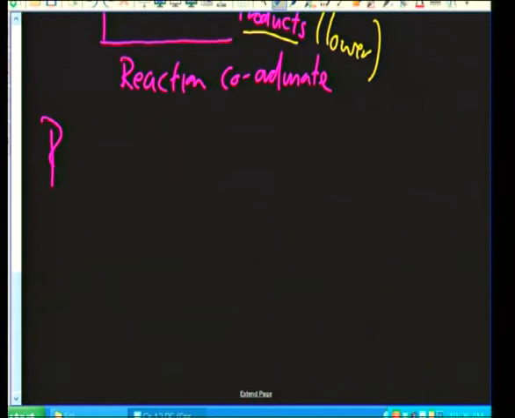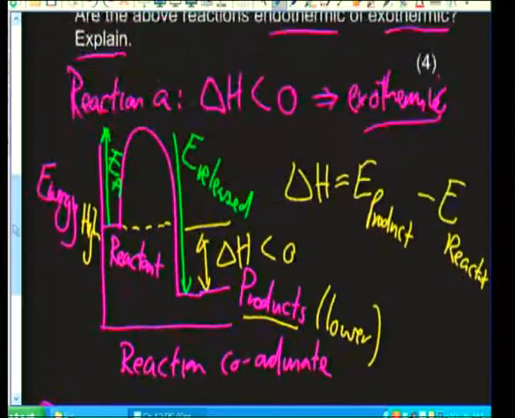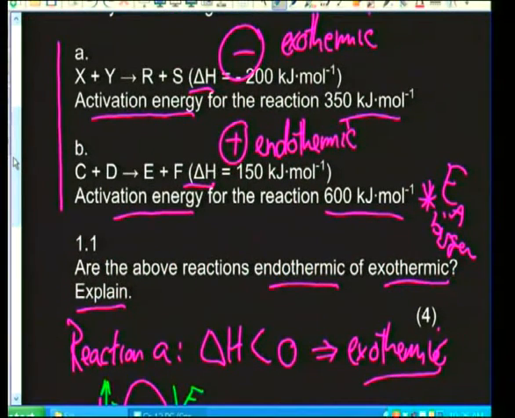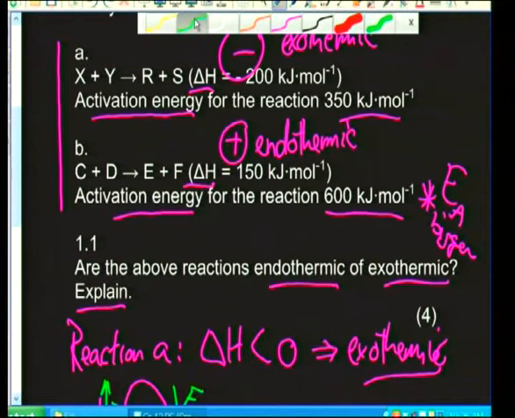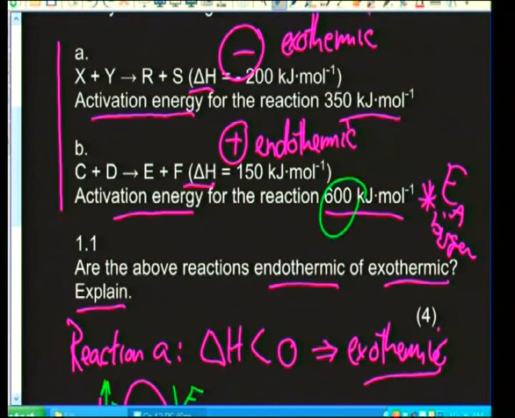Right, let's write out for reaction B, what have we got? Have a look again at the information that is given. Remember that here the activation energy was given as 600, which is a big amount, bigger than previously. But the important information, not the activation energy, but the delta H. And we recognize that it's positive, 150 kilojoules per mole.